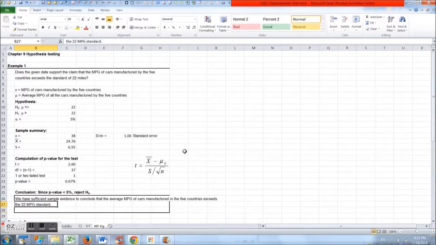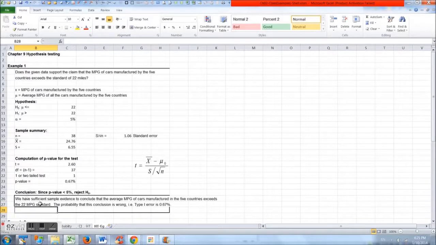Remember, we are making this conclusion based on samples, so there is a chance of type 1 error. So the probability that this conclusion is wrong, so there is type 1 error, is that probability is the p-value which we just computed, 0.67%.